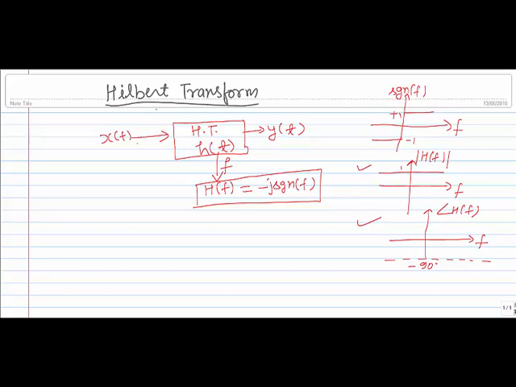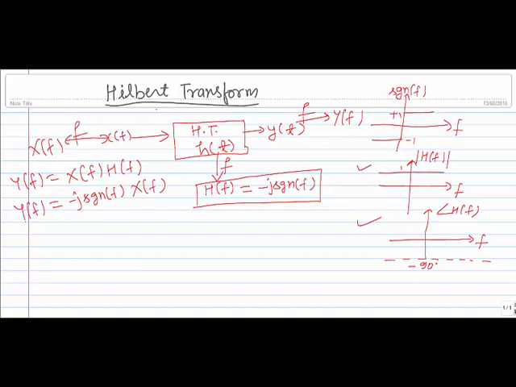Now let us see what effect it causes on the input signal. If the Fourier transform of x(t) is X(f) and the Fourier transform of y(t) is Y(f), then we know the relationship between Y(f), X(f) and H(f): Y(f) I can write as X(f) into H(f), right? We know H(f) is minus j signum f, multiplied by X(f). This is the frequency response of the output of this filter.